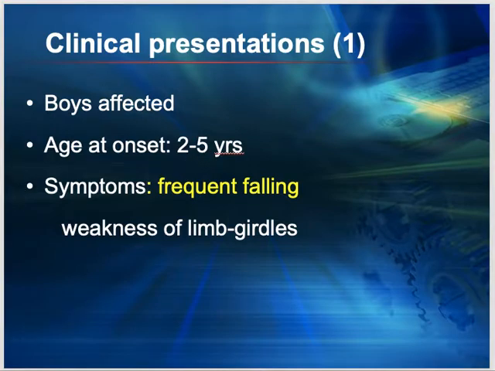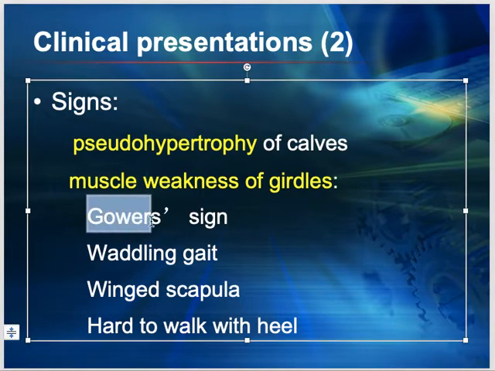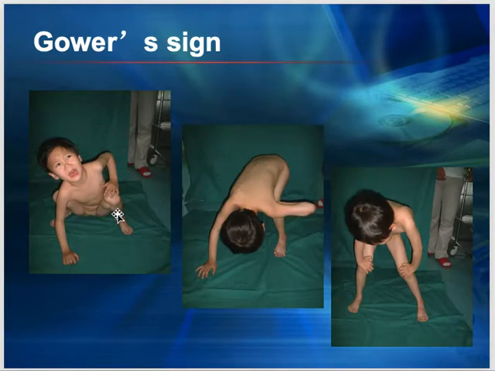So what happens, guys, in this one? The signs in early life: there is weakness in their proximal muscles. And there is a very important thing, something called the Gower sign. You can search it on YouTube and see a video, but I will tell you here.